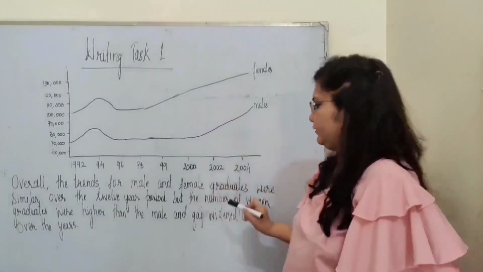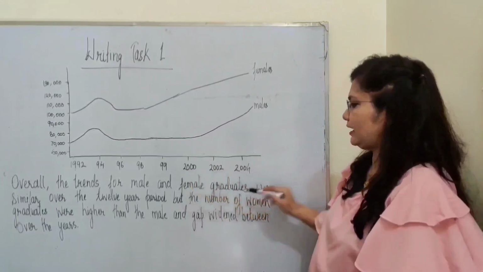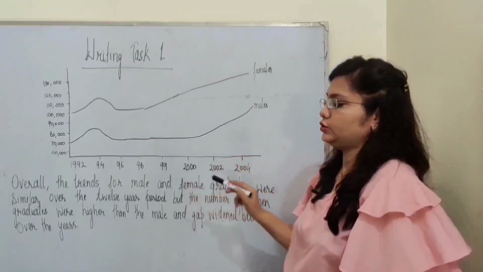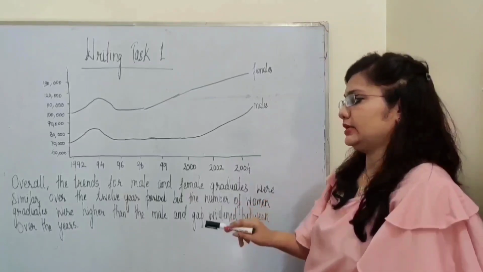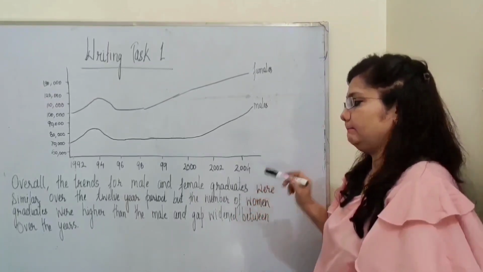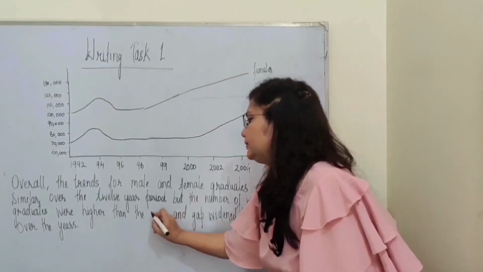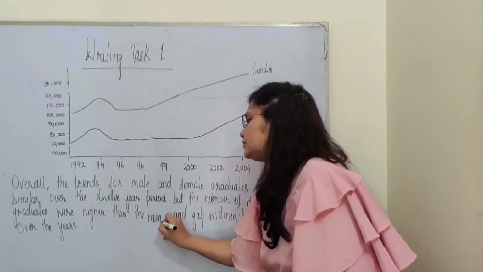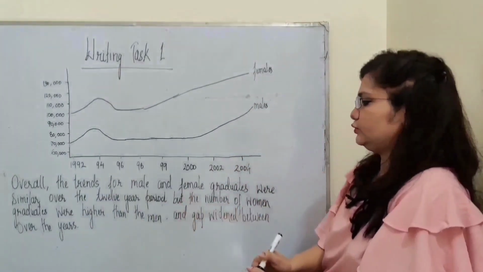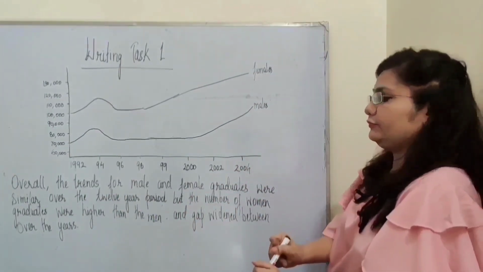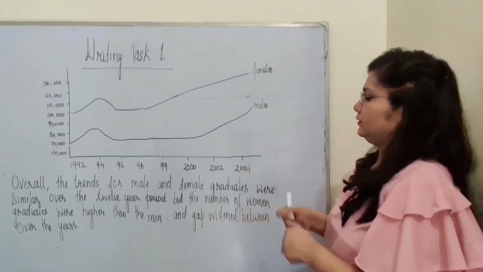So, the same thing I have written in my overall analysis, that male and female graduates were similar over the 12-year period, but the number of women graduates were higher than the male, or you can also write here men, because I have written there women, so you need to write the men. Okay, the number of women graduates were higher than the men.